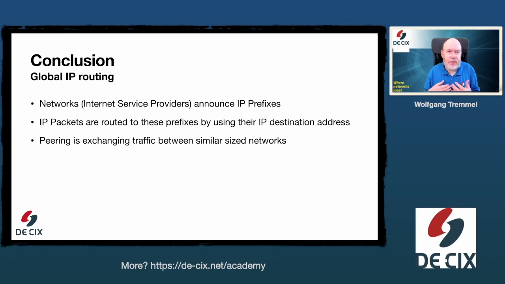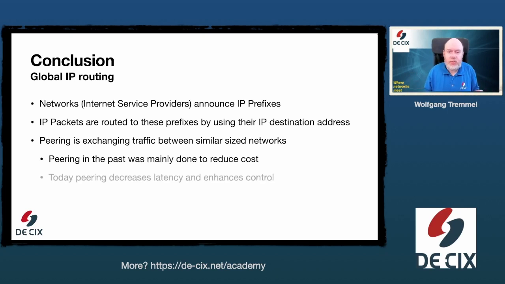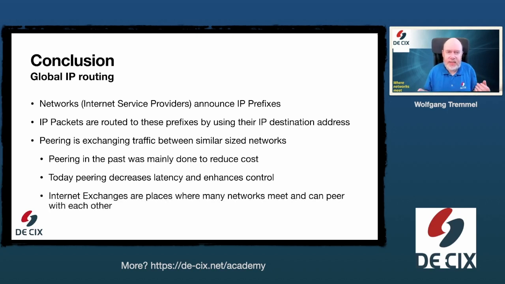Peering, new term for today, is the exchange of traffic between similar-sized networks, most of the time settlement-free. In the past, peering was mainly done to reduce cost. Today, peering helps to decrease latency and to get traffic to your destination faster. Also, it enhances control for networks who peer. And internet exchanges like DE-CIX are places where a lot of providers meet to exchange traffic.